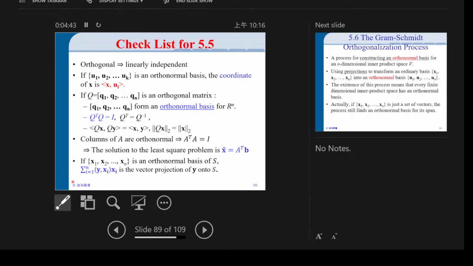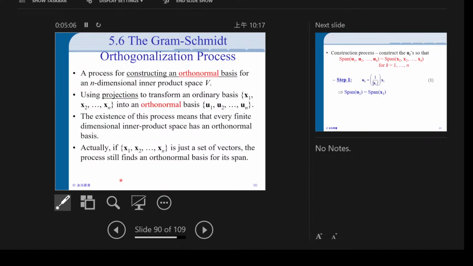And we have seen that an orthogonal basis is a very nice thing. We have all those nice properties, and in particular, from this theorem we see there is a very easy way to find a projection onto an orthogonal basis. From this, we go to the next part of this chapter, which is a way of finding an orthogonal basis.